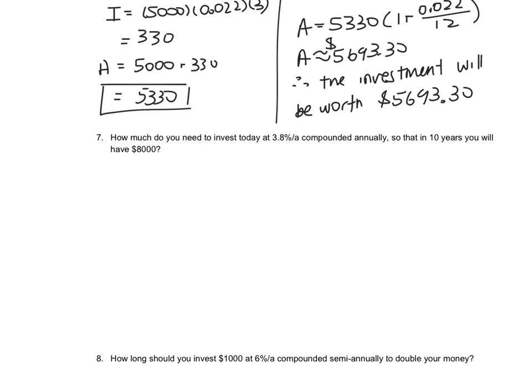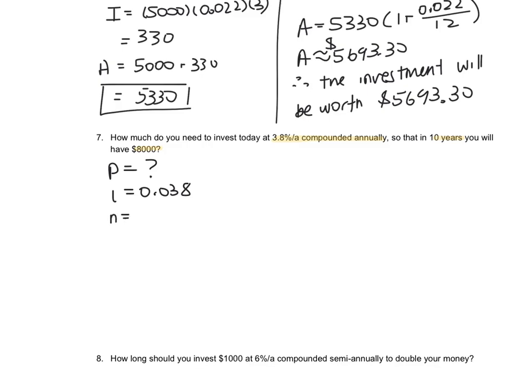How much do you need to invest today at 3.8% per annum compounded annually so that in 10 years you will have $8,000? So this is definitely our compound interest formula. But the thing is, I don't know my principal amount. I do know that my interest is going to be 0.038 divided by 1 because it's annually, so it doesn't change.